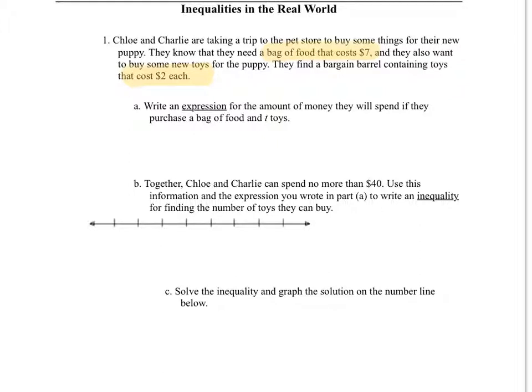Okay? So, write an expression for the amount of money they will spend if they purchase a bag of food and T toys. So right there, they're actually telling us what our variable is. T toys.